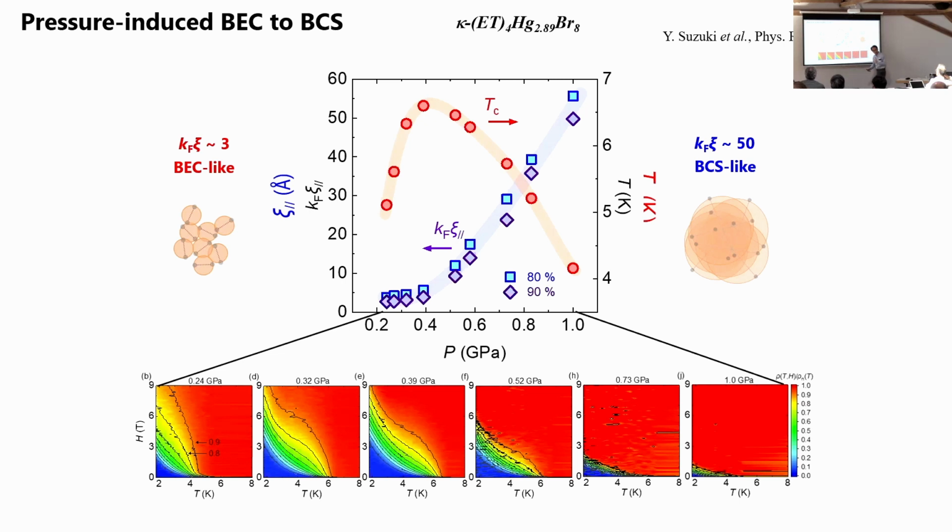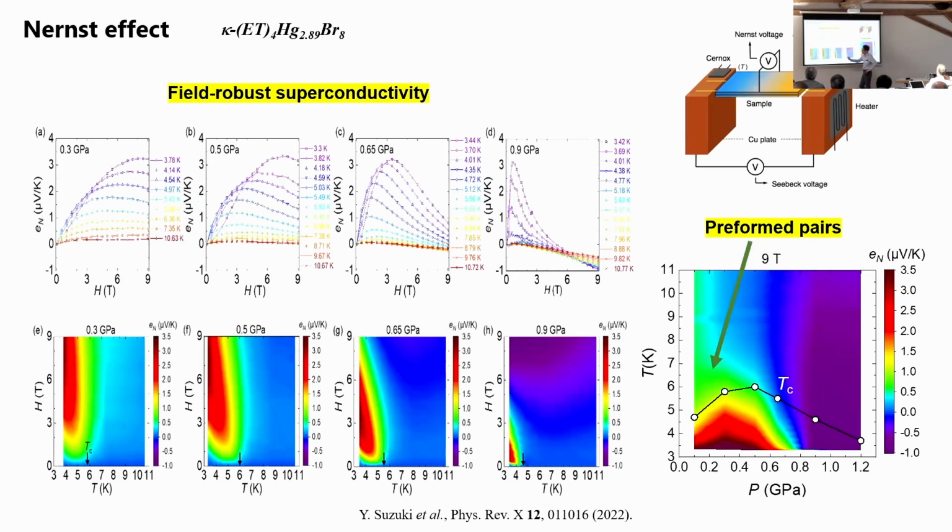But you see in the Nernst effect it does not decrease, maybe much higher. So I don't know, Cooper pairs are still alive at higher magnetic field, I think.